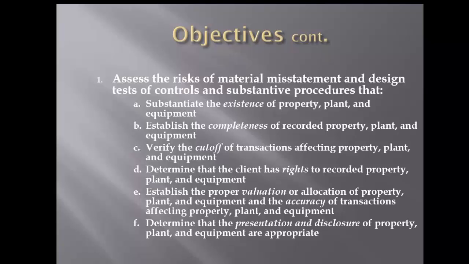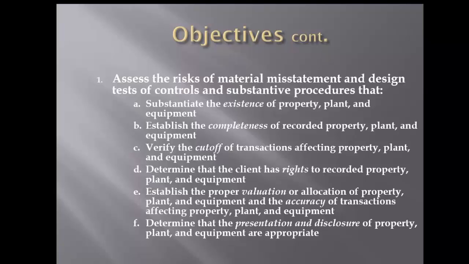Cutoff, obviously, are these transactions at year end. Rights is we want to make sure that we have the rights to this property. So maybe we have assigned these as part of maybe a loan agreement, or maybe these are items that are in our possession, but they have been lent to us for whatever reason. And then finally, we're looking at valuation.